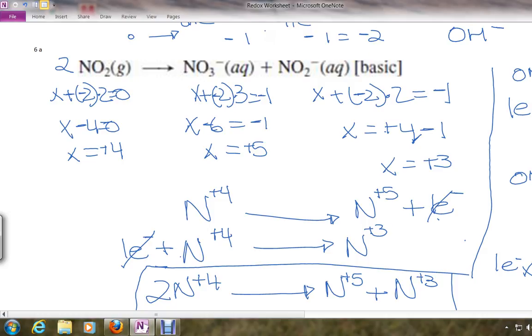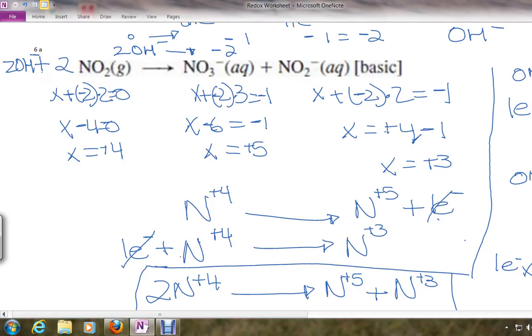Where do you need to add them? To the left side, because it's a negative charge we're adding. So if we want to get minus 2, because this whole right side is minus 2, we need to add here 2 OH minus. So now we got minus 2 on the right side, minus 2.